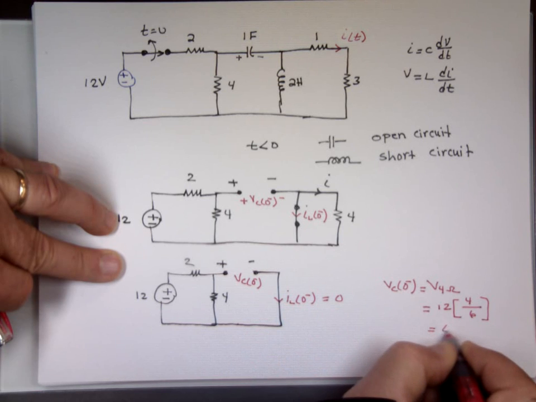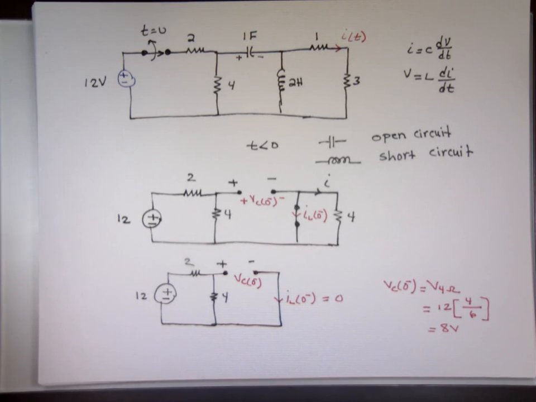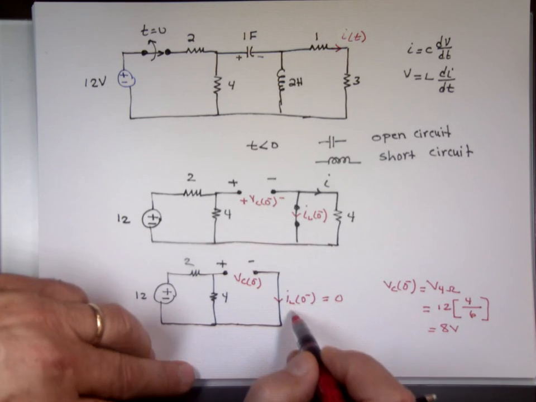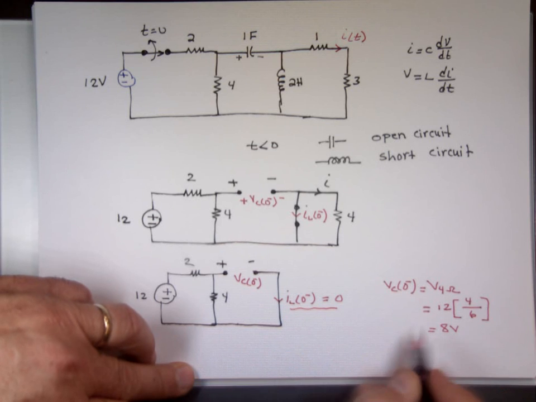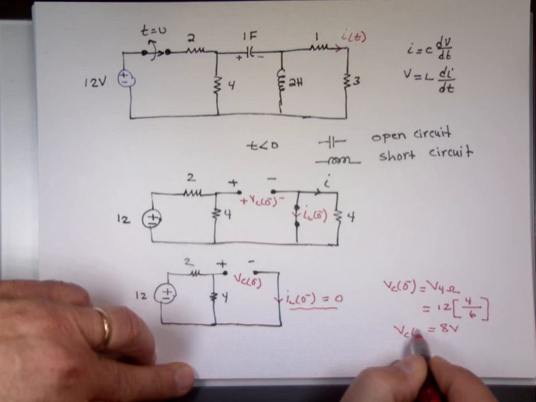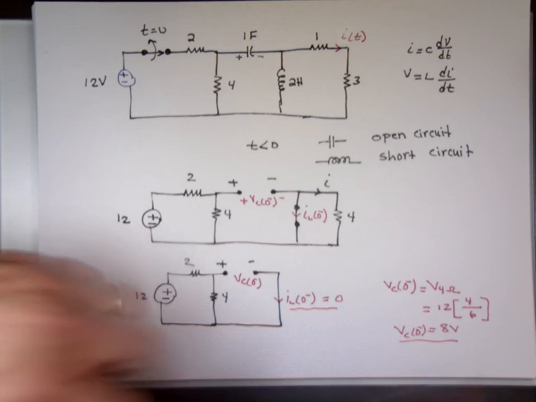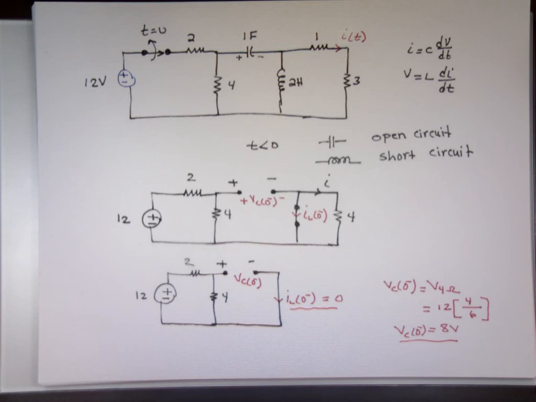Is that 8 volts? So that's the whole idea to get my initial conditions. I need the current through the inductor at 0 minus, and the voltage across the capacitor at 0 minus.